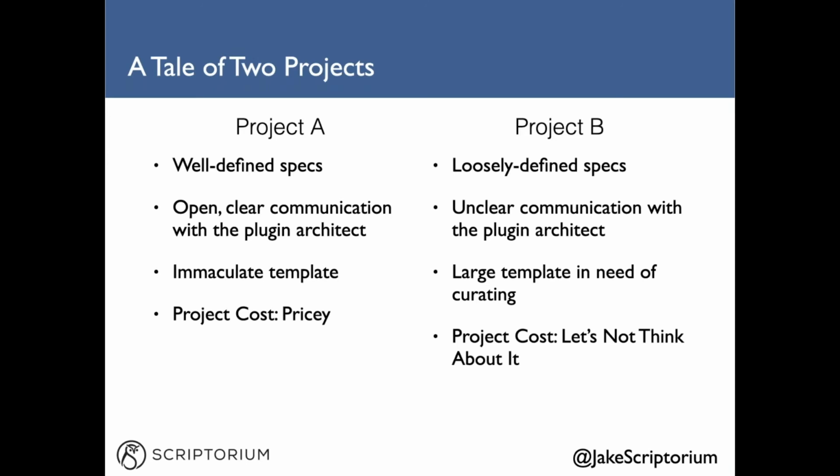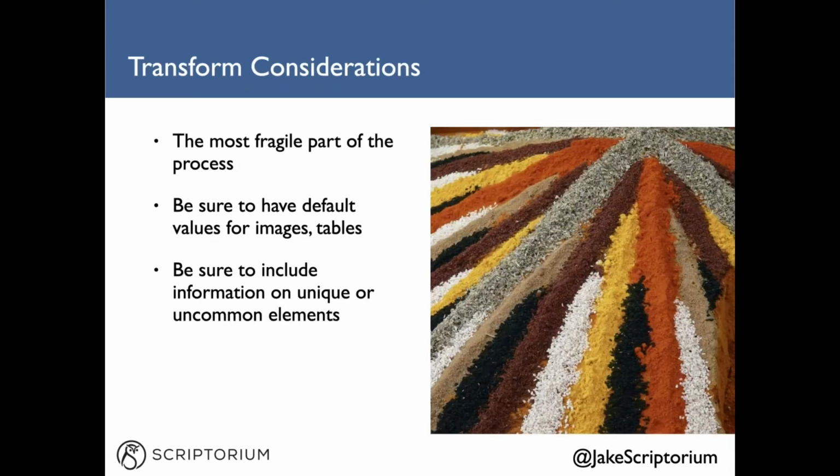So let's talk about the actual considerations for the transform. It's easily the most fragile part of the process, especially if your content is very structurally complicated. When you talk to your plugin architect, you want to be sure that you have default values for image sizes or tables so that you wind up with content that doesn't wind up formatted weirdly or disappears from your output.